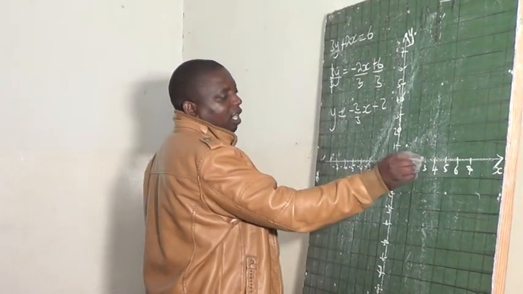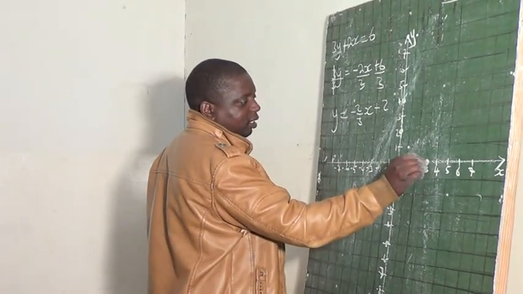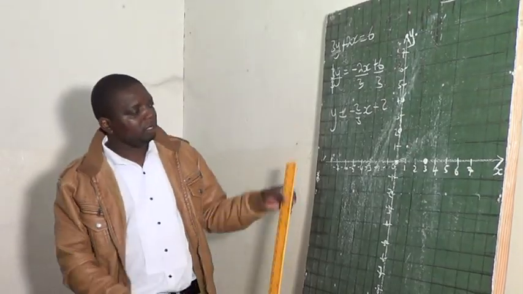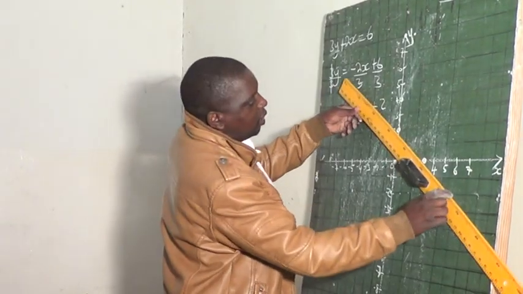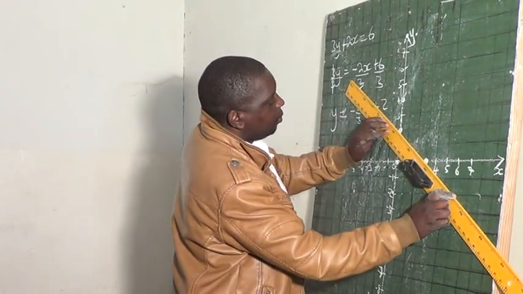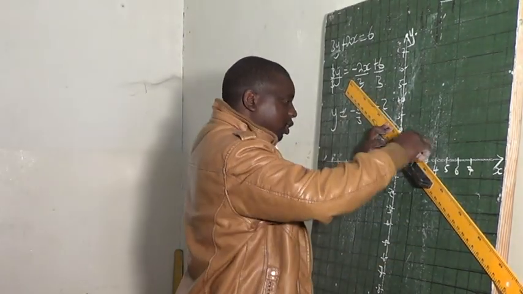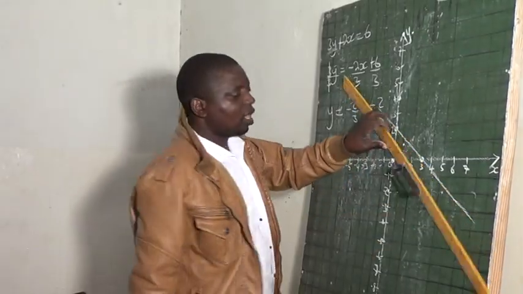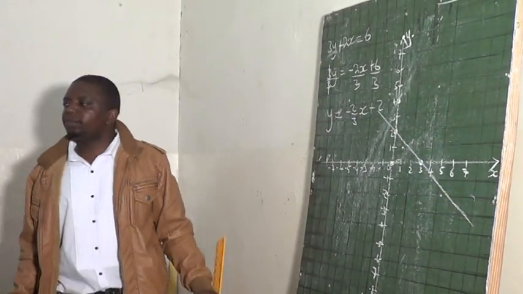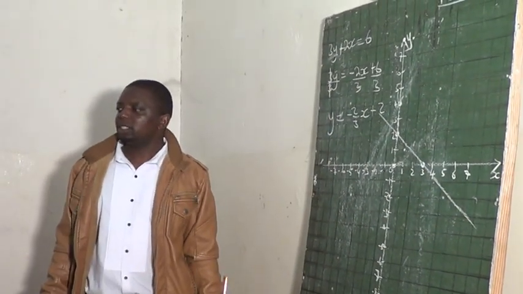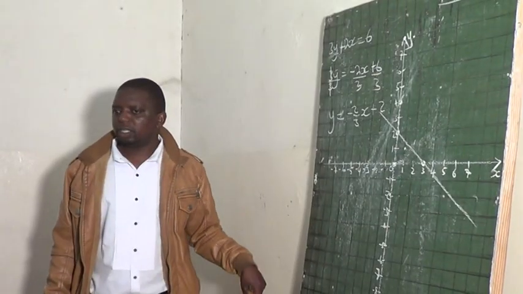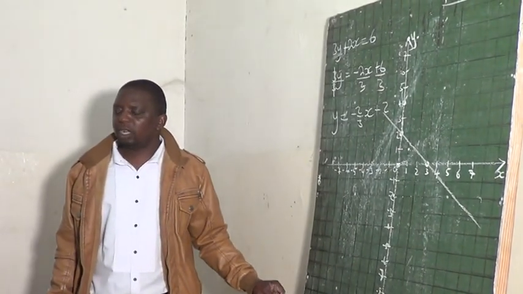So our next point is this. Then you draw your line joining the points. It slants to the left because the gradient is negative.